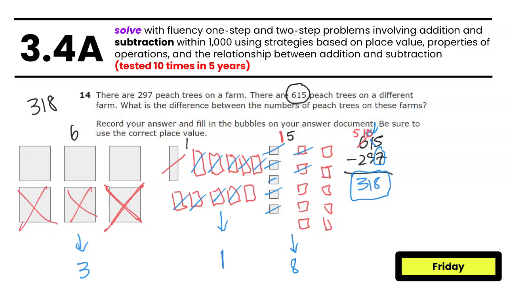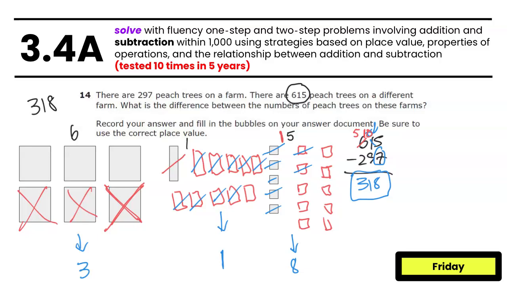And again, this is probably not the method that you would want students to use on the STAR test. If it makes the most sense to them, then certainly. But really, the idea behind this day and teaching this strategy is so that when we go to the standard algorithm, the borrowing and regrouping process makes sense.